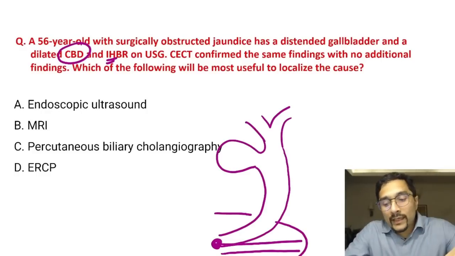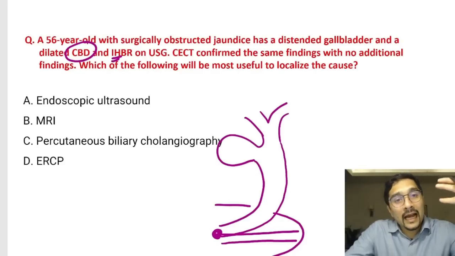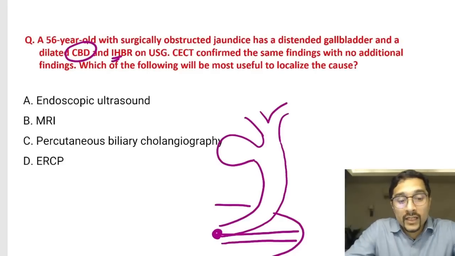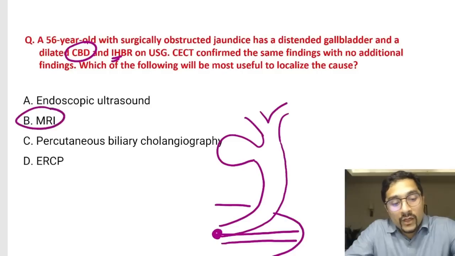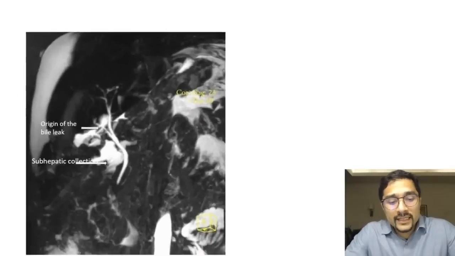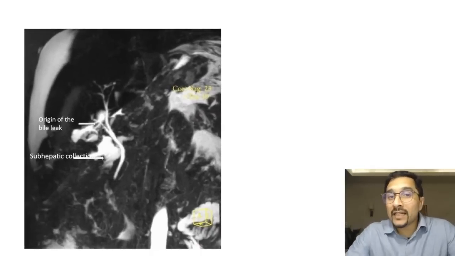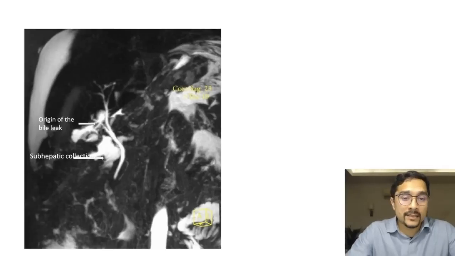Now, to evaluate these periampullary cancers or to see them better, I would want to do an imaging. And I would want to do an imaging which is non invasive. So, here I would like to do MRCP, magnetic resonance cholangiopancreatography. This you can see is an MRCP. And how do we first thing differentiate between MRCP film and ERCP film?